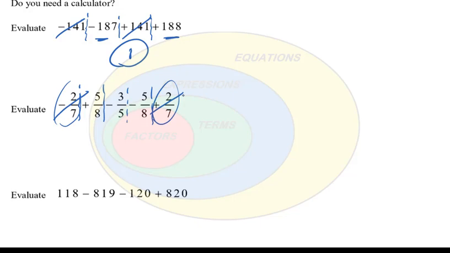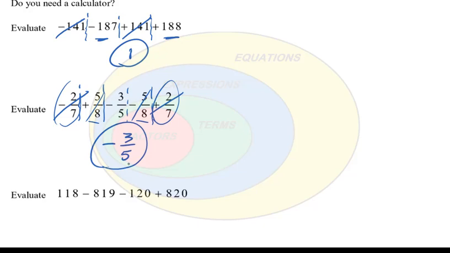And the same thing, I have a positive 5/8 and a negative 5/8. These two terms are 0. Well, the only term I have left is this negative 3/5. Before I did this problem, I thought I had to add fractions, and now I just realized it was nothing. It was just opposite fractions everywhere.